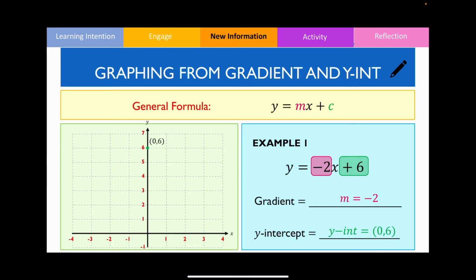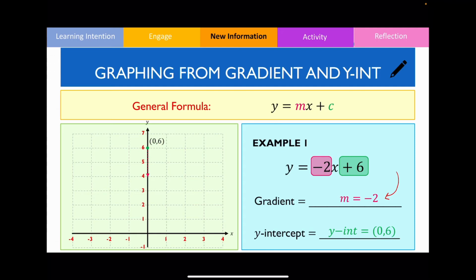Now I'm going to use the gradient to find the next coordinate, so that I can draw a line in between. Because my gradient is equal to -2, that tells me I need to move down 2 units for every 1 unit I move to the right.